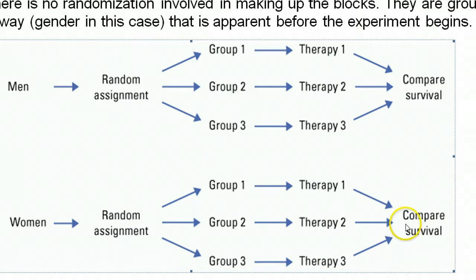You wouldn't really compare the results of the men versus the women because you already know they're going to be different anyway. But just comparing the men and comparing the women will give you a lot of information. And that can be true with age, weight, sometimes race. You'd want to separate out whites, Hispanics, Asians, Caucasians, if you know there's going to be a difference. So this is a block experimental design.